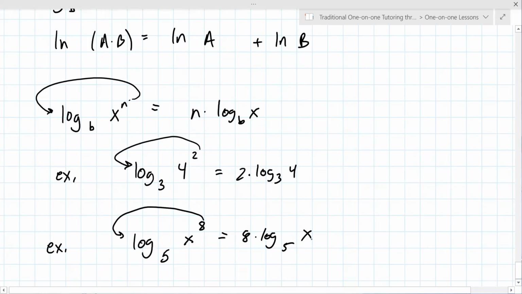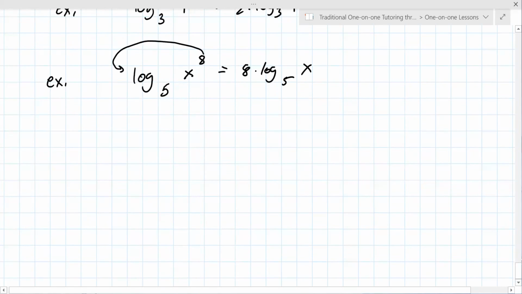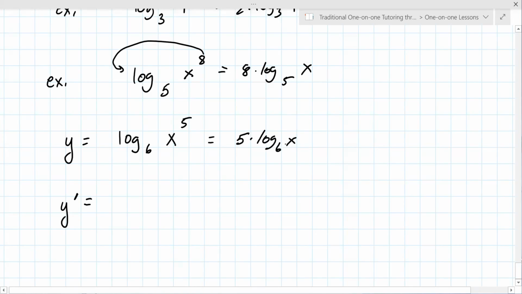Okay. So the reason that's important here is let's say I tell you y equals log base 6 of x to the 5th, and I say I need the derivative. Well, the first thing you have to do is rewrite this. It's 5 times log base 6 of x.